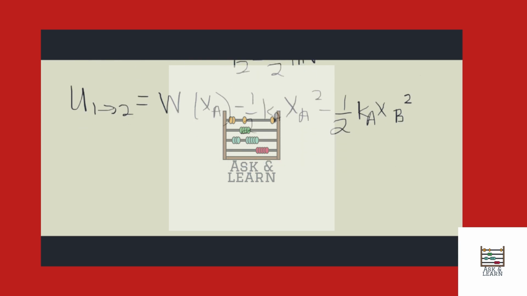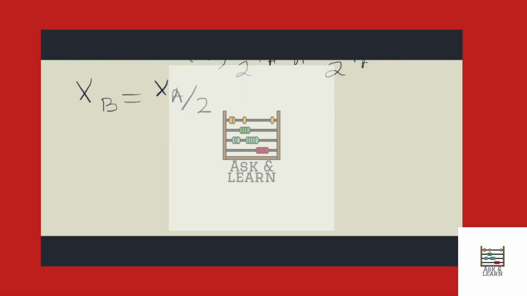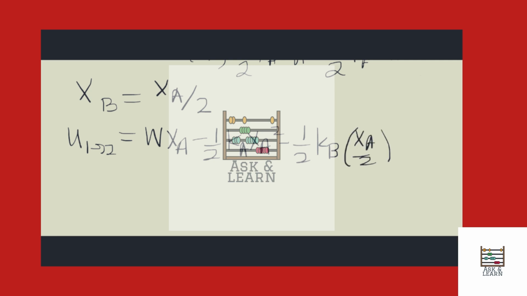Now we know that the distance XB is equal to XA over 2. By plugging that in, we get an expression for the work as W XA minus 1/2 Ka XA squared minus 1/2 Kb times XA over 2, squared.